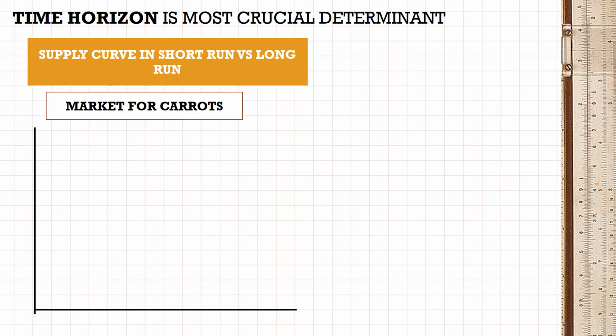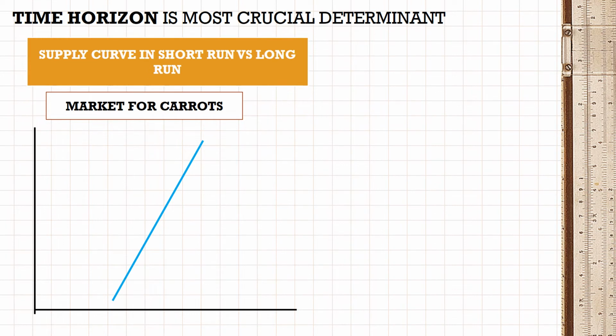Remember, long run and short run do not refer to a specific period of time. You cannot say 1 month is short run or 5 years is long run. They are quite conceptual time frames. There are several definitions, but the primary difference is that in the short run, the quantity of at least one input is fixed. But in the long run, the quantities of all inputs can be variable.